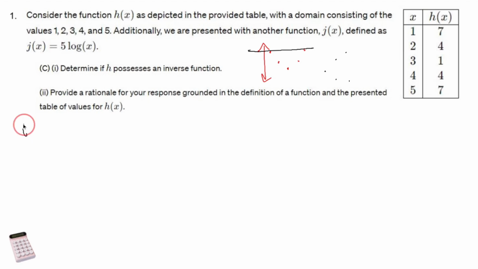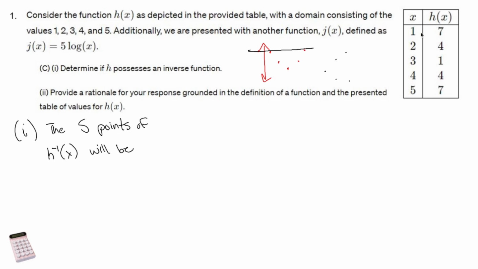We have the 5 points of H inverse of X will be, and I'll just take these and flip them around. So it's (1, 7), (2, 4), (3, 1).